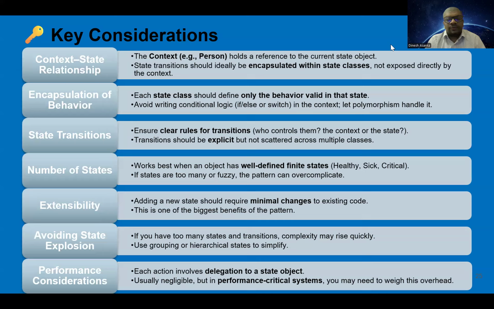If you have too many states and transitions, the complexity may rise. So it's better to simplify the states by using some grouping technique rather than trying to apply all these states and transitions.